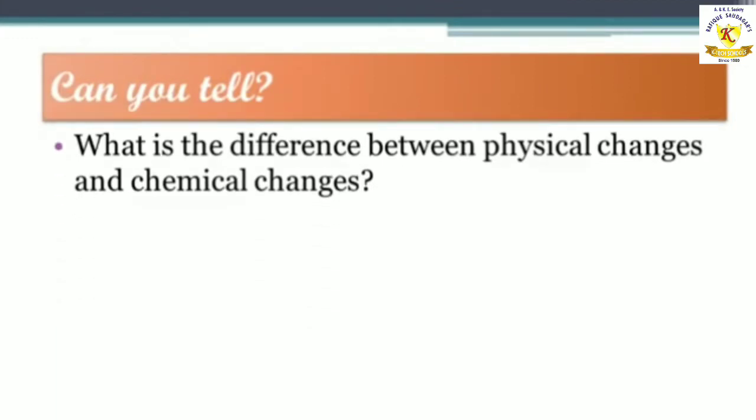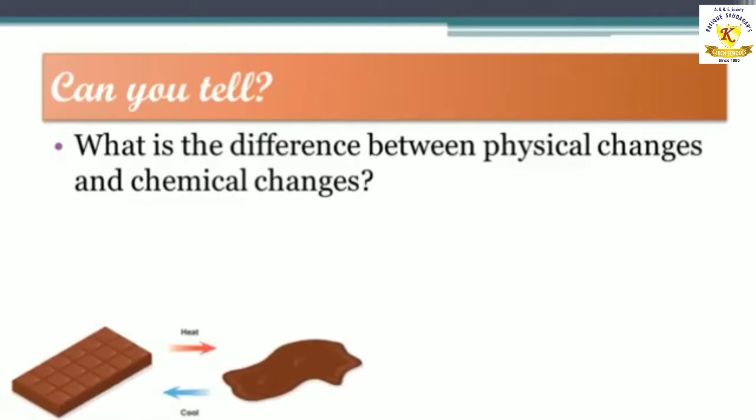What is the difference between physical changes and chemical changes? Now let's see an example. Here on your screen you can see a chocolate, and after melting it you can see the liquid form of the chocolate. So here there is a physical change, right?